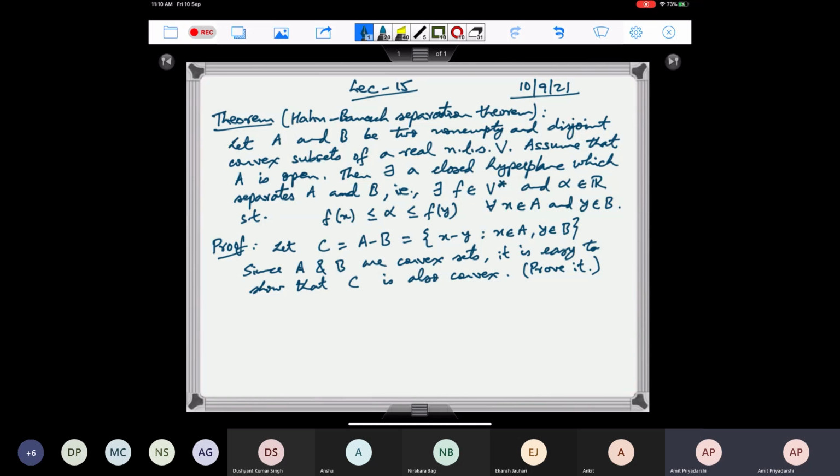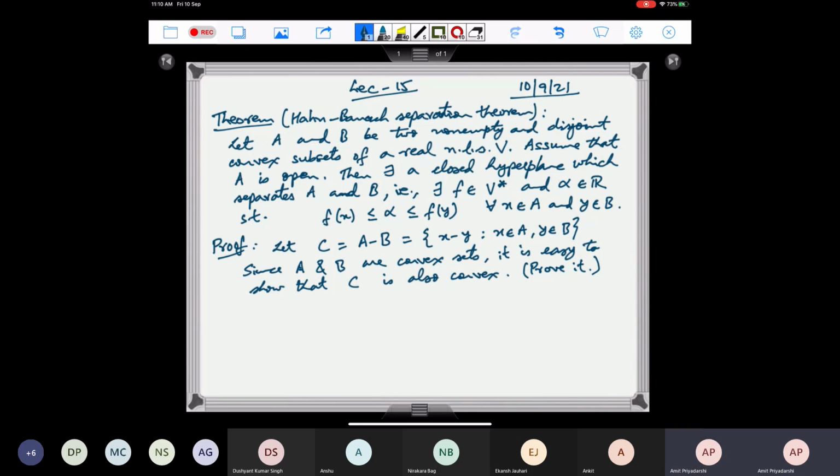So if you take any two points, say x1 minus y1 and x2 minus y2 belonging to C, and then if you take any t between 0 and 1, then you have to show that t times (x1 minus y1) plus (1 minus t) times (x2 minus y2) is also in C. But that is the same thing as t times x1 plus (1 minus t) times x2, which is in A because A is convex, minus t times y1 plus (1 minus t) times y2.